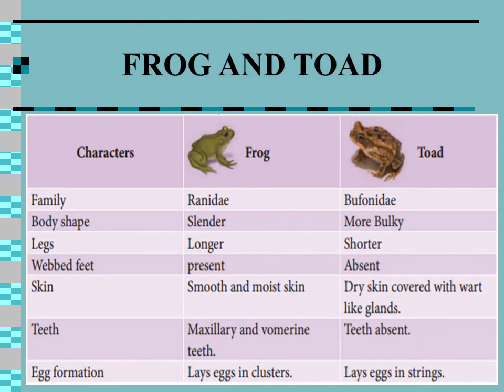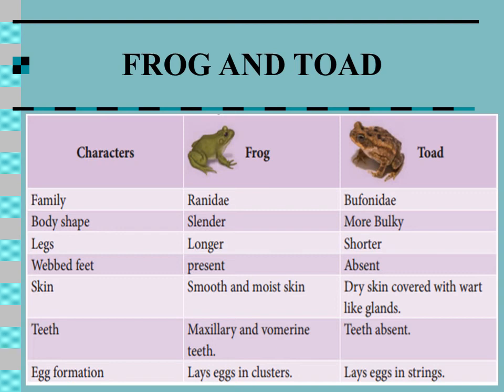So this is the next tabular column. It is regarding the differentiation between frog and toad. When we look at our surroundings, we can see at least two different types: one is the greenish frog, and another one is actually not a frog, it is known as a toad.